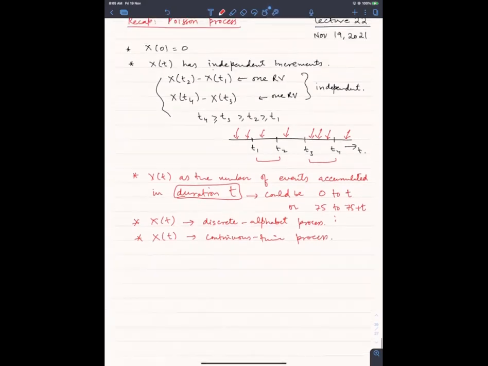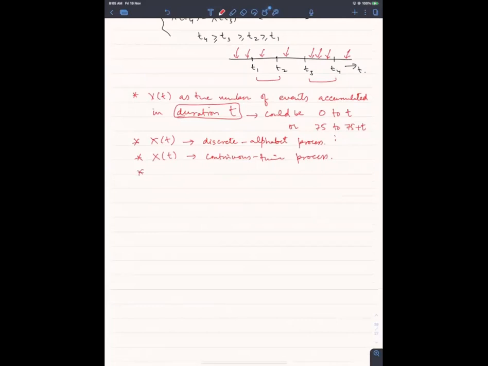It has independent increments. It also has what we call stationary increments. What stationary increments means is that X of t2 minus X of t1, the number of events that you will see between t1 and t2, has the same distribution as X of t2 minus t1.